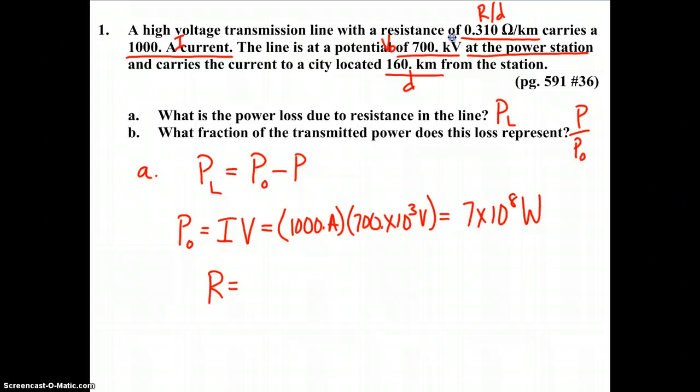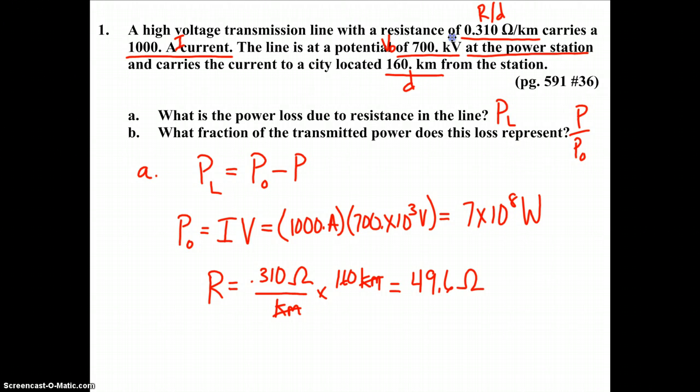So if we do a little dimensional analysis calculation here, we've got 0.310 ohms per kilometer, and if we multiply by the 160 kilometers, the kilometers cancel, and we get the total resistance of the line after that distance, which 0.310 times 160 would be 49.6 ohms.